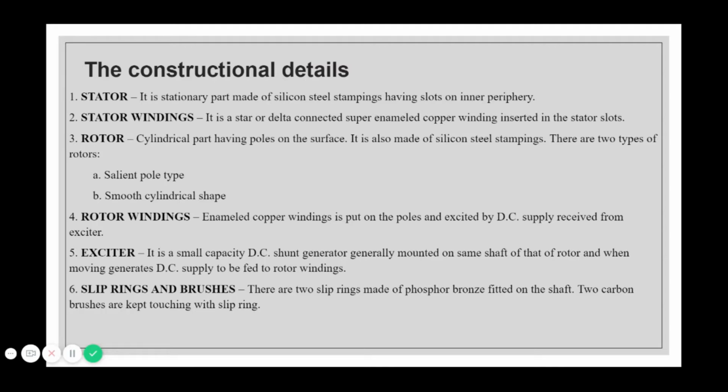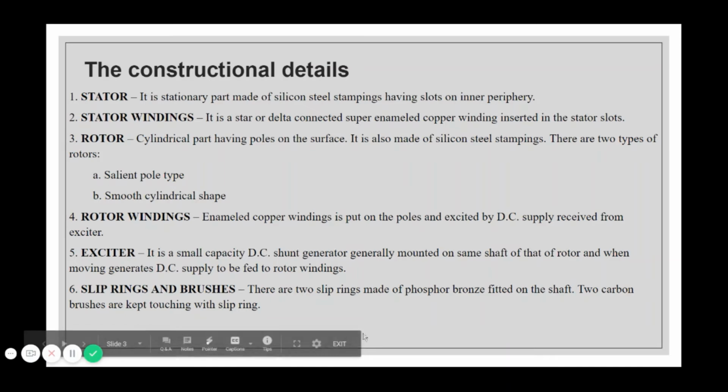Rotor. Rotor is a cylindrical part having poles on the surface and it is also made of silicon steel stamping. There are basically two types of rotor. One is salient pole type and the other one is smooth cylindrical shape rotor. Now rotor windings. Enamel copper winding is put on the poles and excited by DC supply received from the exciter.